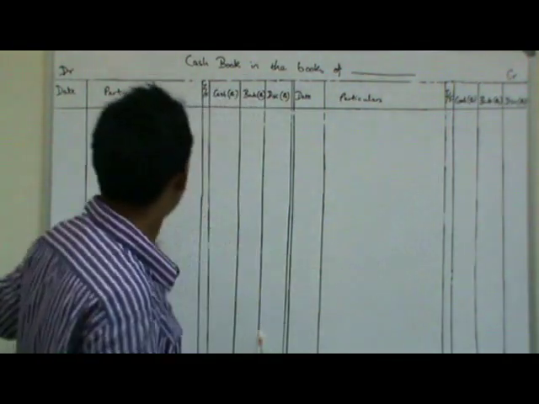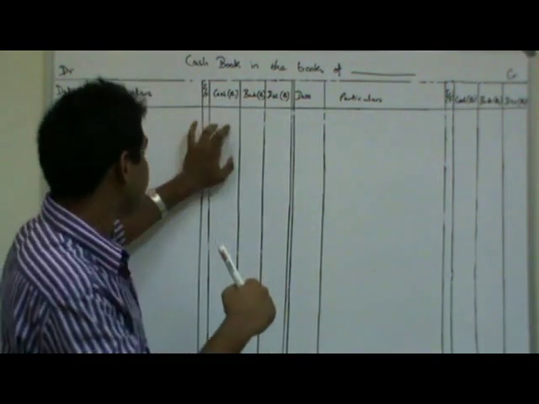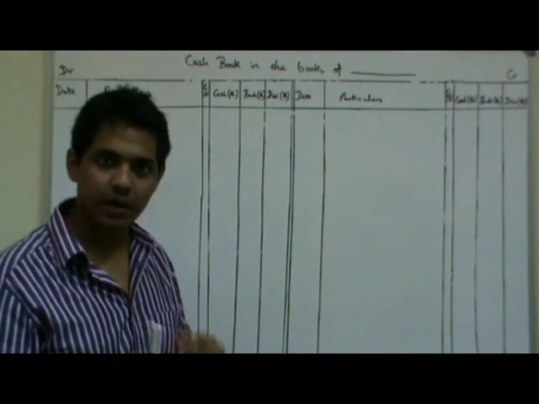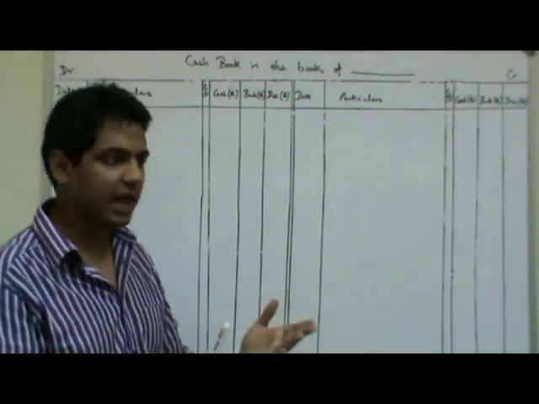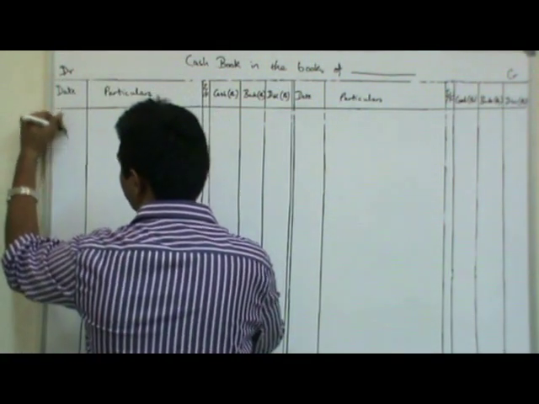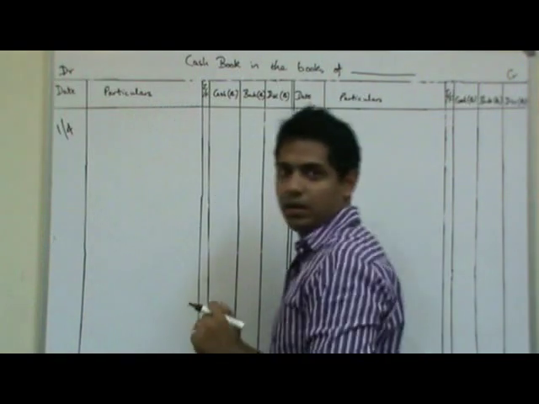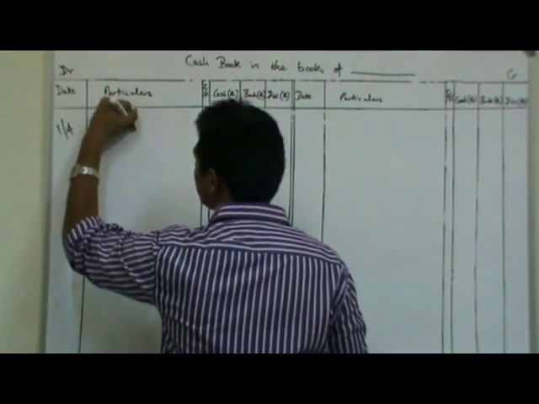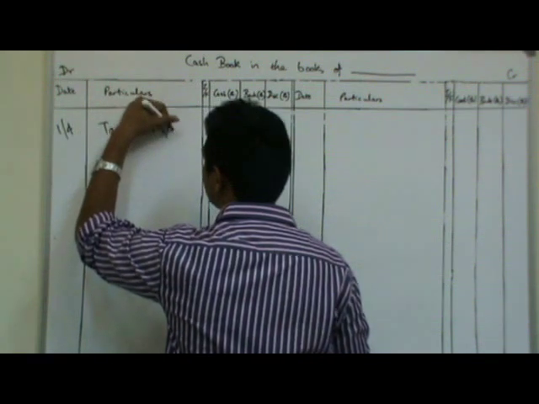So when we put an entry in the cash account, for example, when cash is received, cash is debited. Say cash is received from Mr. A. We write the date, say it is 1st April. We write to Mr. A account.